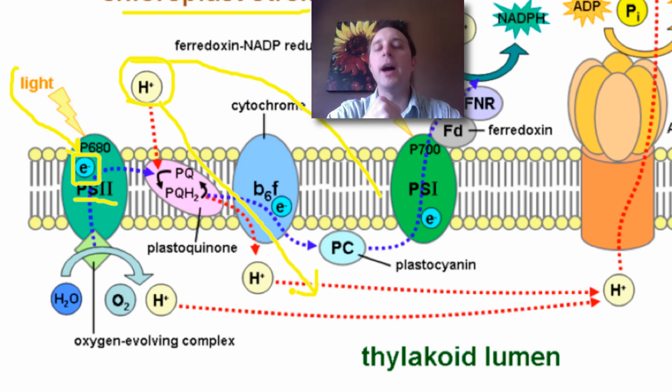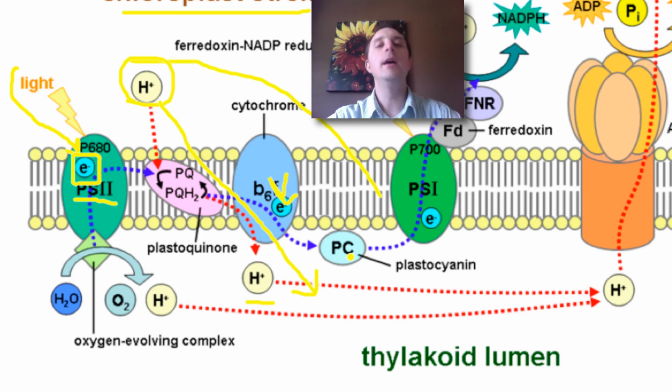Inside the thylakoid, there's a very, very high concentration of these hydrogen ions. Out here, there's a very low concentration. So that is going against the concentration gradient, which is an active form of transport. The energy for that active transport comes from these electrons, which are being passed down the chain and giving up a little bit of their energy along the way.